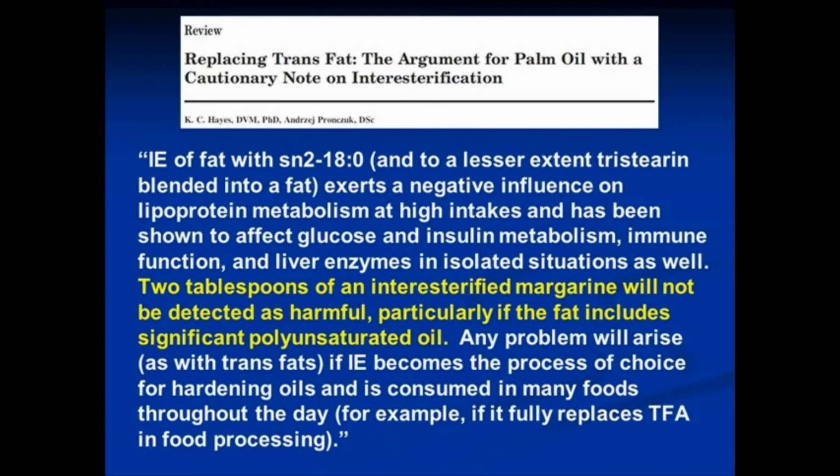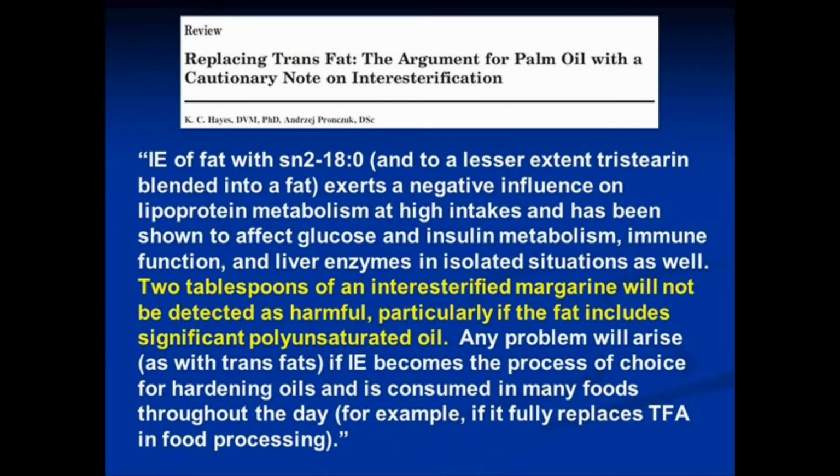And I think the really important statement here is that 2 tablespoons of interesterified margarine will not be detected as harmful. 2 tablespoons of margarine is probably going to be somewhere less than 10% of total energy in the typical diet. So again, we're still in that ballpark. We're probably not going to achieve that.